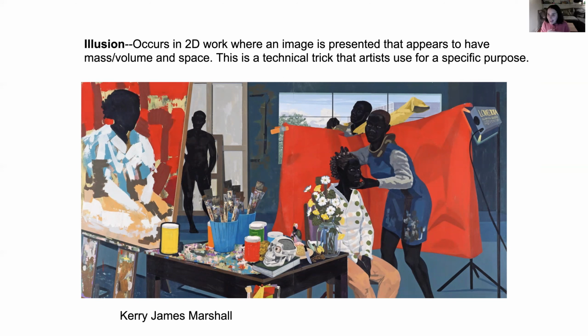It's completely flat, but it feels as though it's not flat. It feels like the space moves in, like you can move through the space, walk through the space. There are things that are overlapping. There's perspective. There are these technical tricks that the artist has created to make you as the viewer feel part of this scenario.